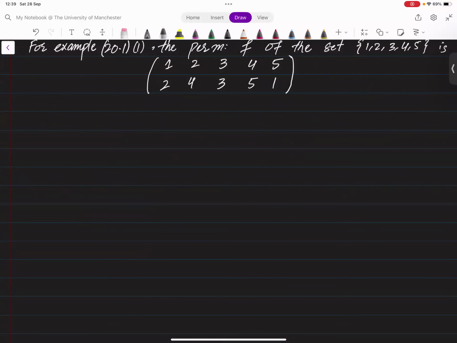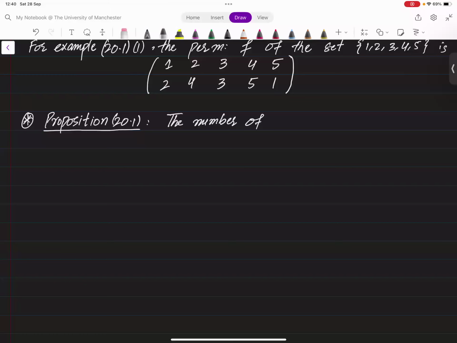Now, then we have a proposition, 20.1, which says that the number of permutations in Sn is n factorial.